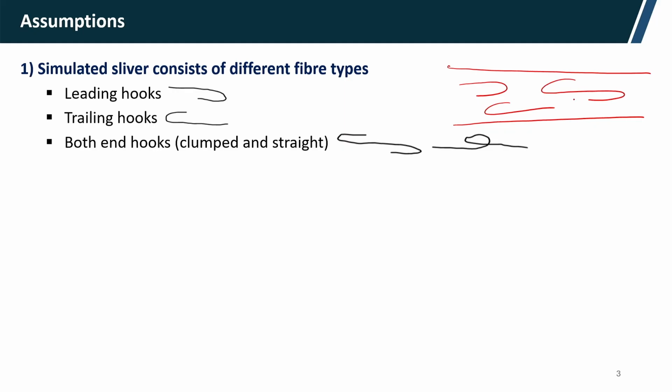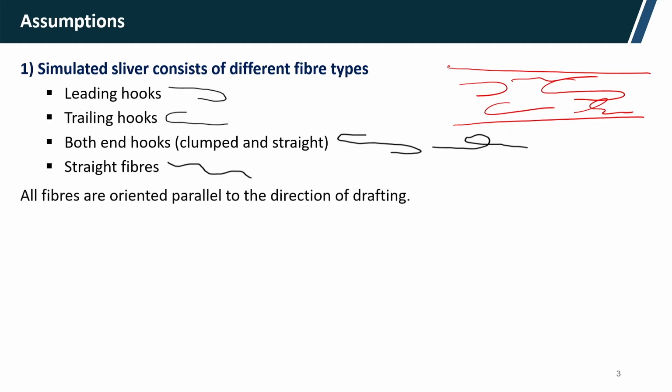There may be clamped fibers, and also there will be straight fibers. All fibers are oriented parallel to the direction of drafting. That is actually our assumption.